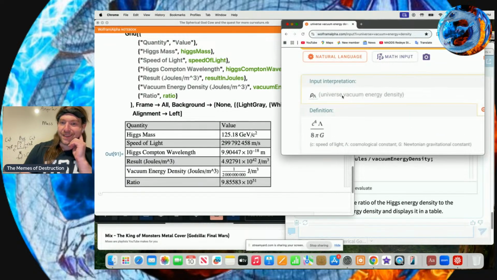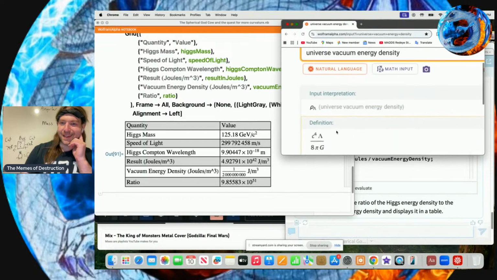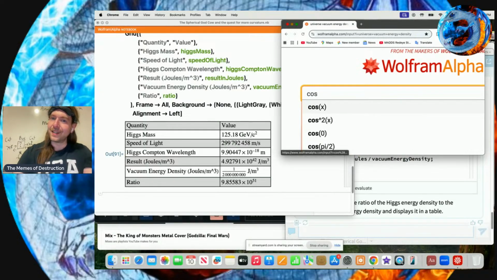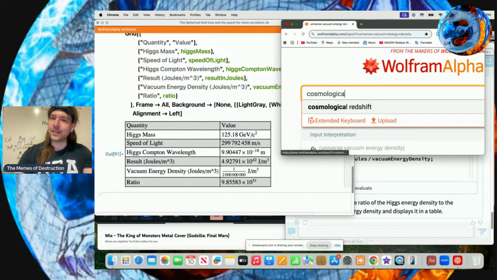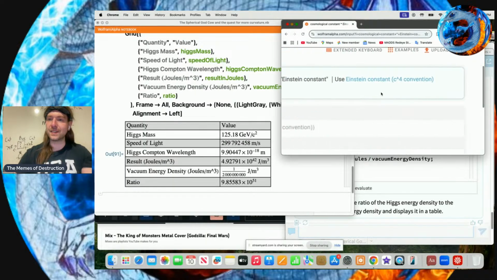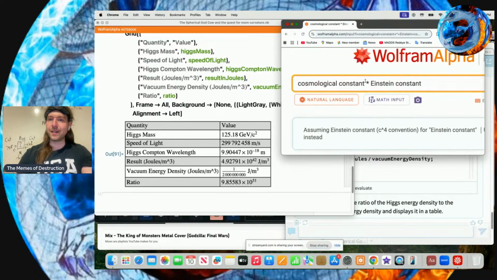Okay, let's do this. We should be able to compute it from just like the cosmological constant as like an extra digit, so cosmological constant and then times the Einstein constant. Or no, we want this. We need to divide it by that, right?